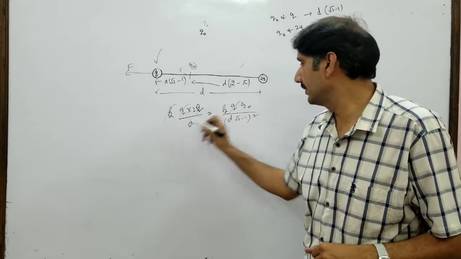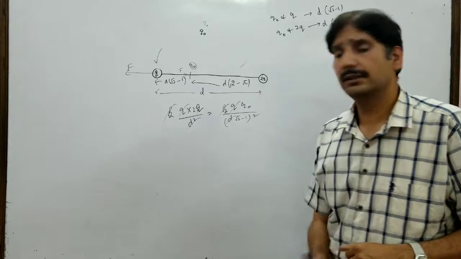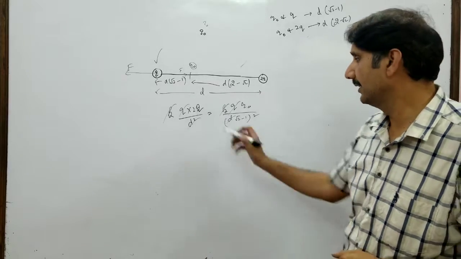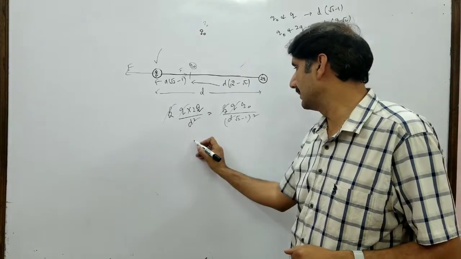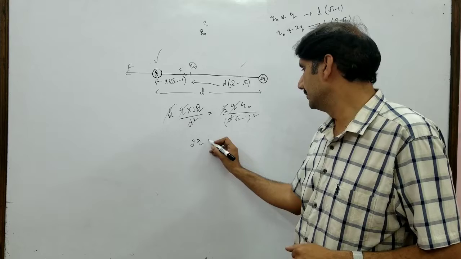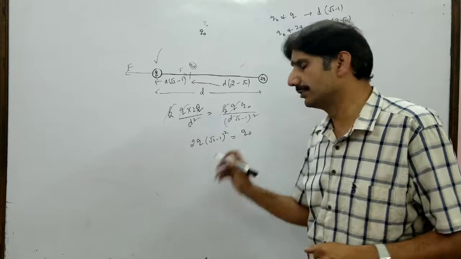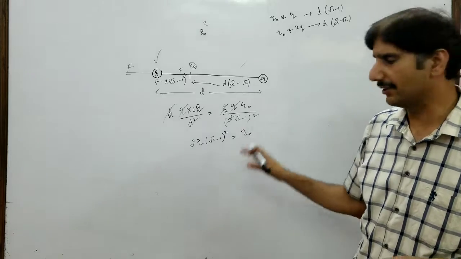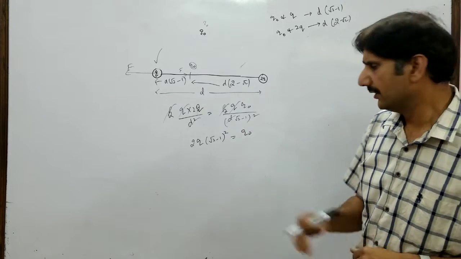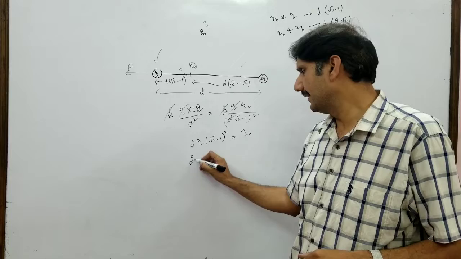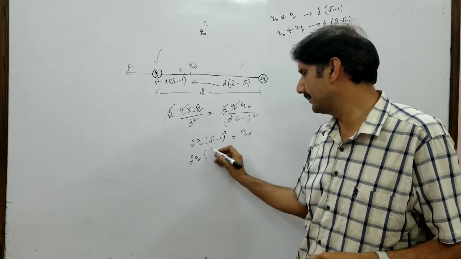Whatever has to be cancelled out has been cancelled out, and by cross multiplication, what do I get? 2Q times root 2 minus 1 whole squared is equal to Q0. You can further simplify it or leave it at this point. For simplicity, you can also open up this bracket.